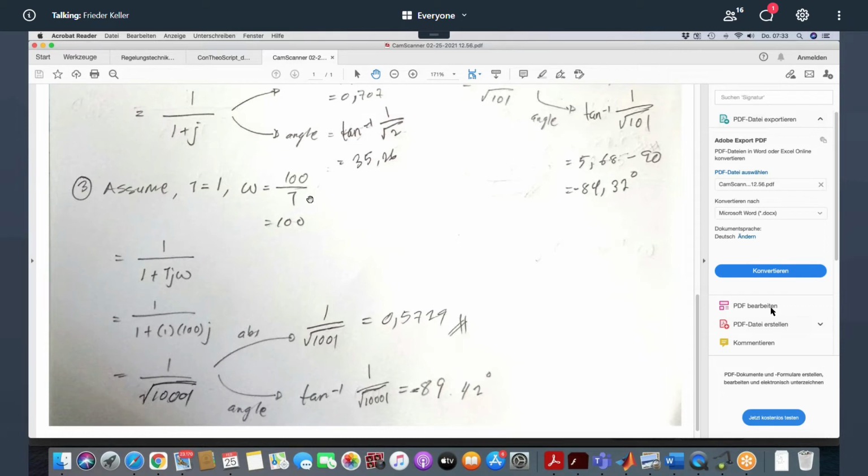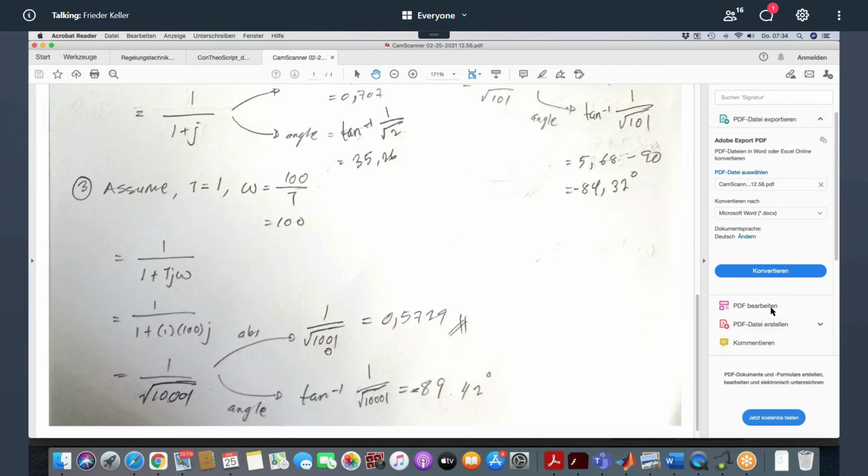Okay, and then 100 here inserted, then I think you made an error here. Because that should be 1 over root of 100 times 100 plus 1. There is a 0 missing here.